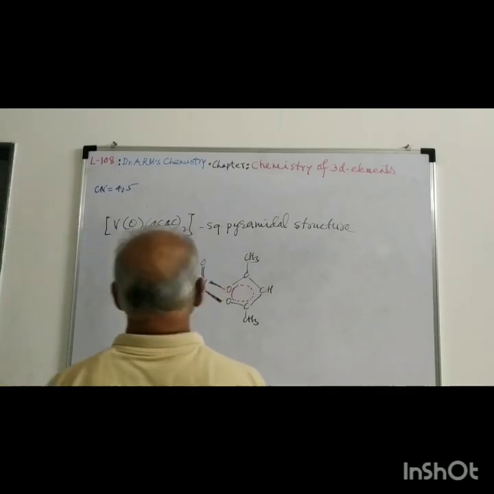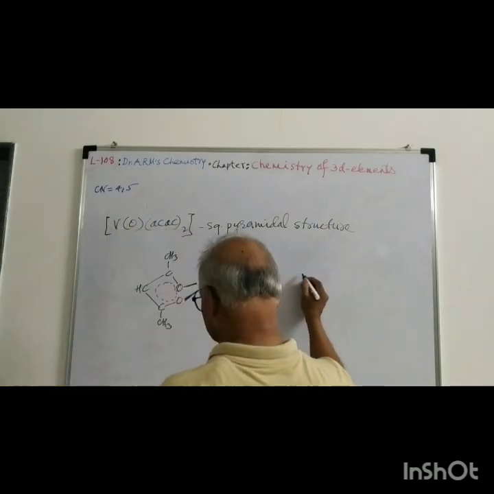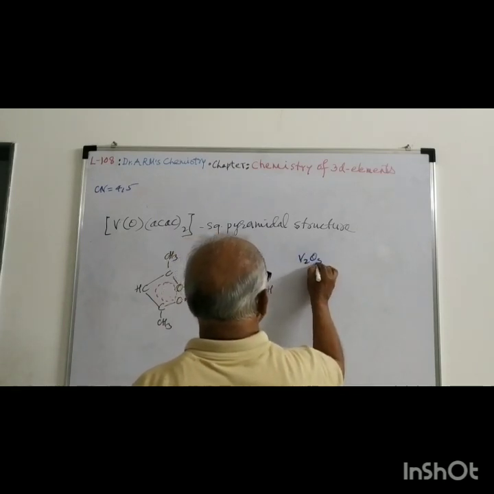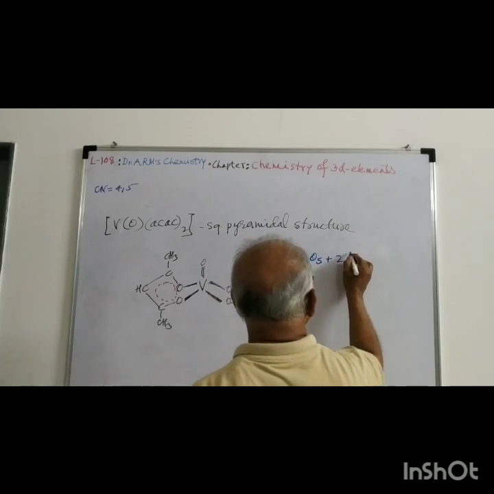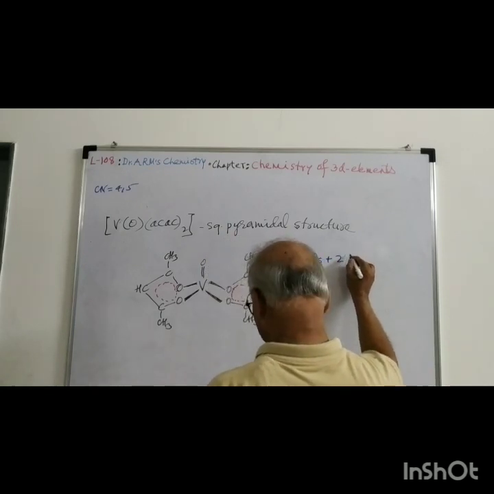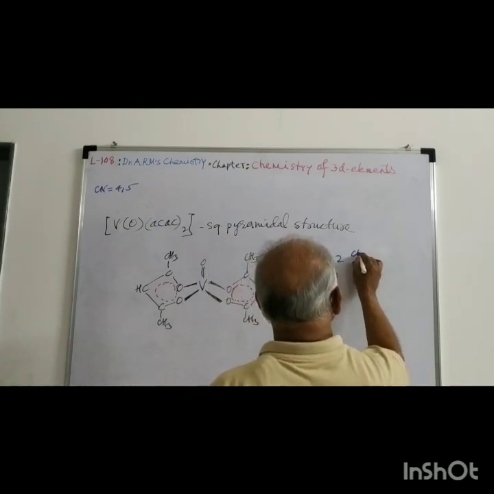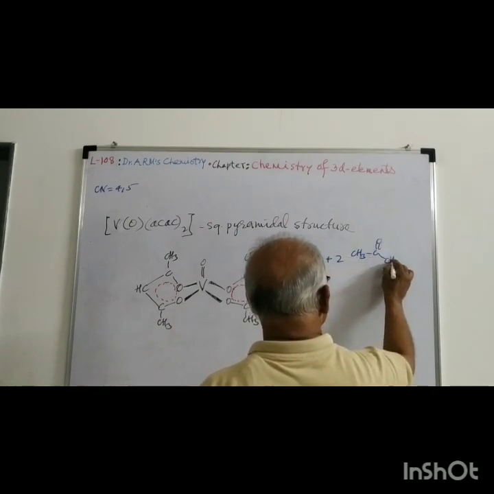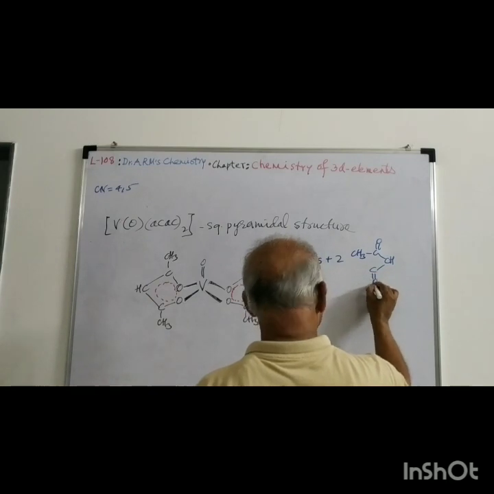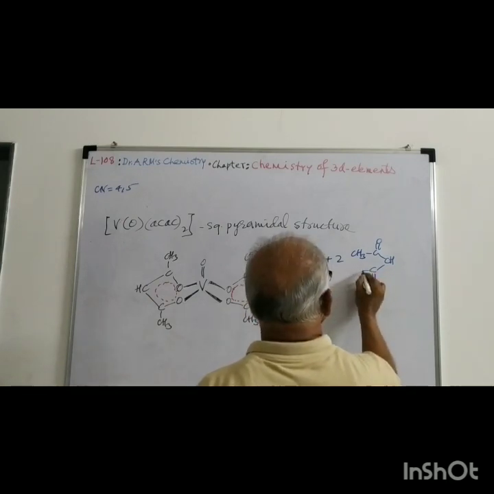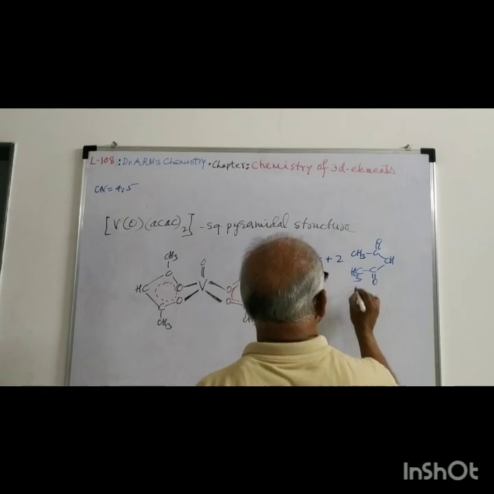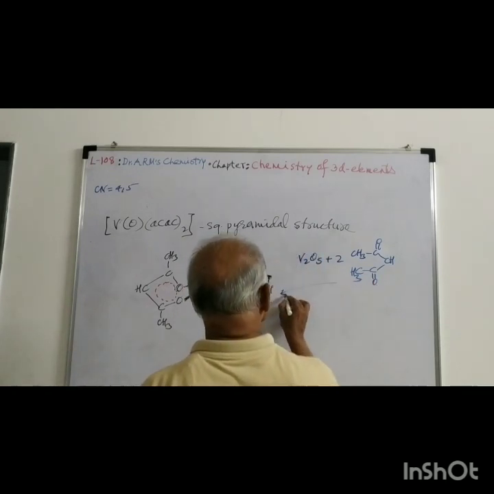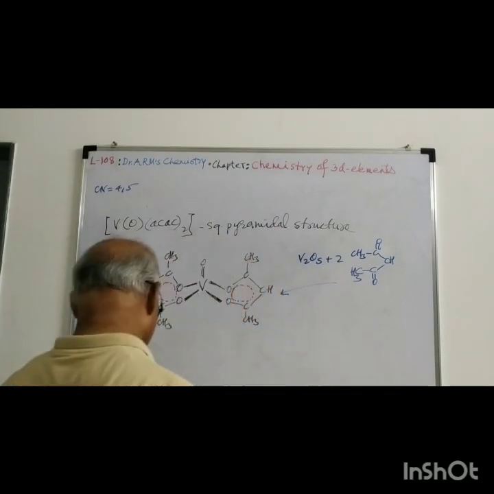This picture is obtained from V2O5 plus twice CH3C=O CH2 C=O CH3, so it gives this product.